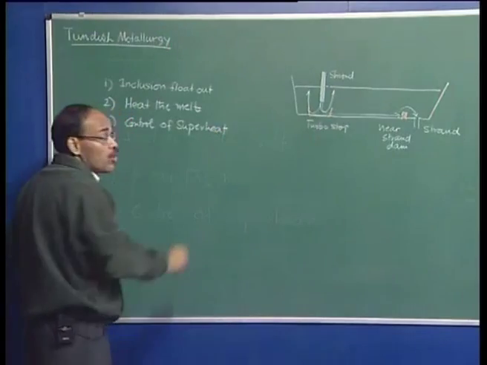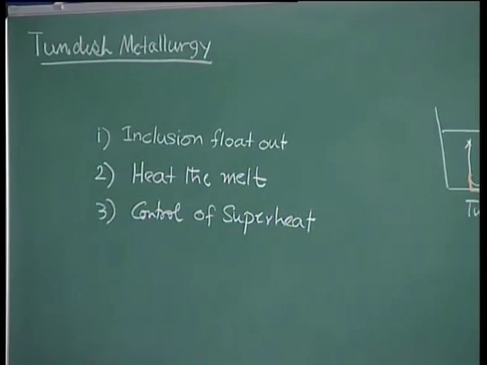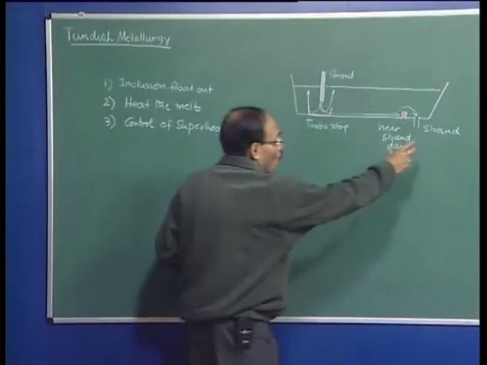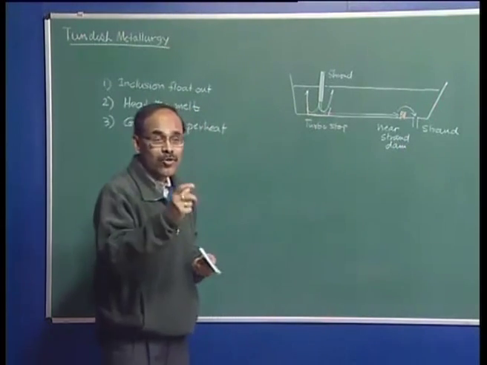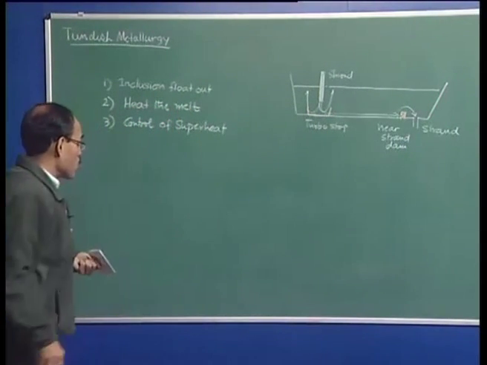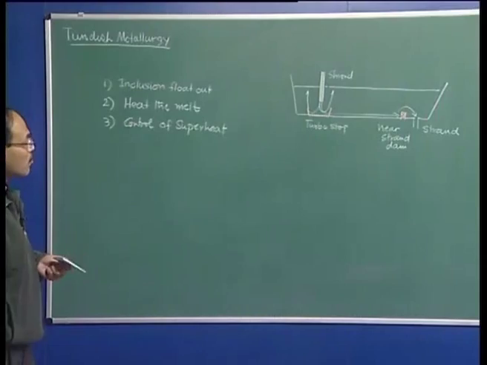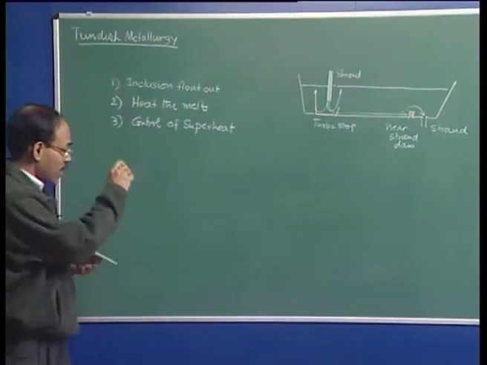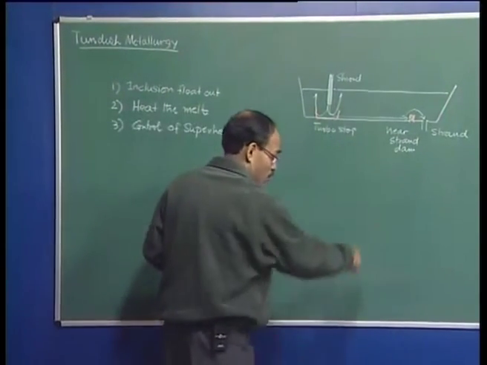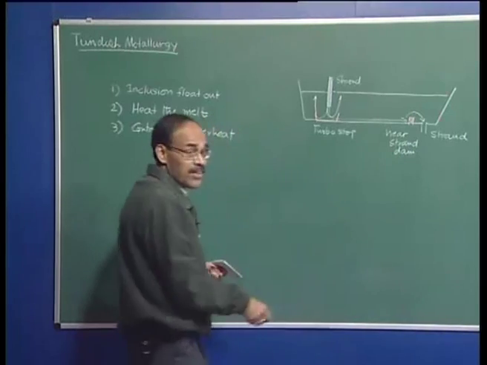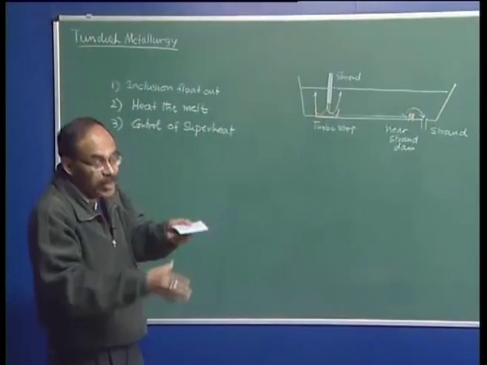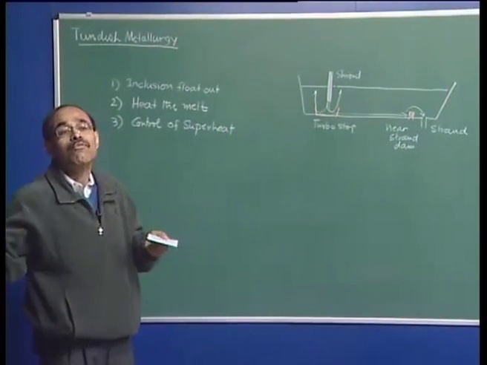And today we all know that the superheat has a tremendous bearing on the quality of the cast products. The microstructure of the steel is controlled by superheat, and also it is not desirable to have a large superheat in the continuous casting tundish, because in that case you have to slow down the casting rate, because you would like to have some dwelling within the mold before the material flows out of the mold.